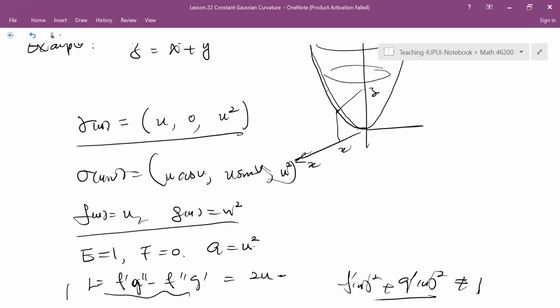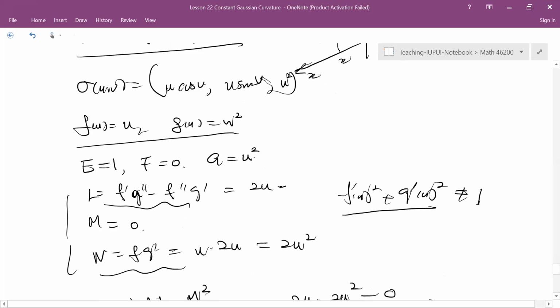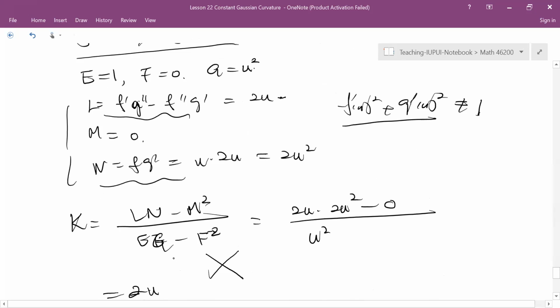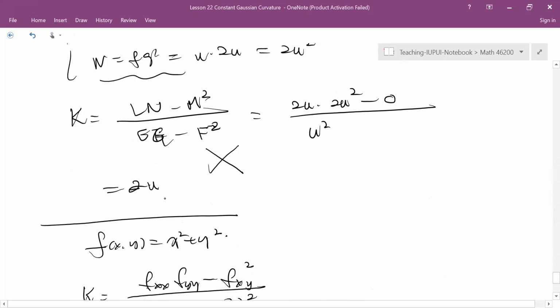Otherwise some terms are missing, and you get a curvature that approaches infinity, which is clearly not true. The paraboloid becomes more and more flat, so Gaussian curvature should approach zero.